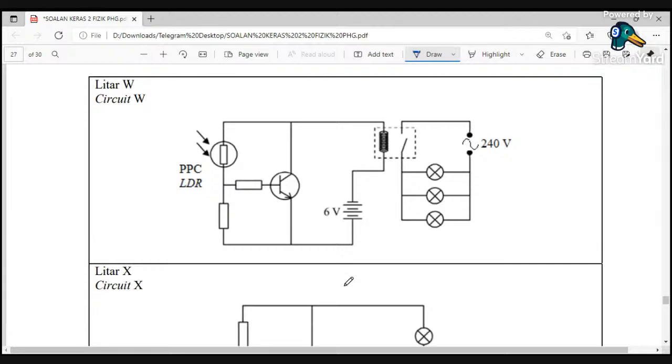Okay, we have the circuit W. Okay, kita check adakah dia berfungsi dengan baik.